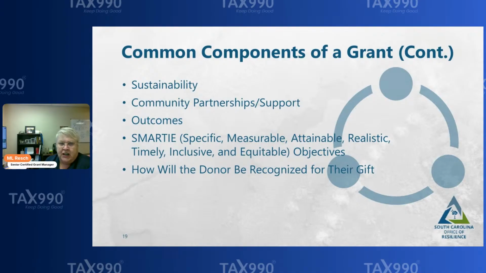Anytime you write down any objective, you better have evaluation criteria for it, because that is how you are going to demonstrate back to the funder that you need this funding.